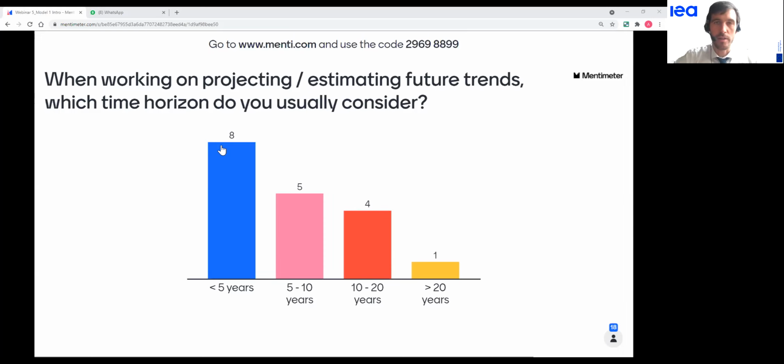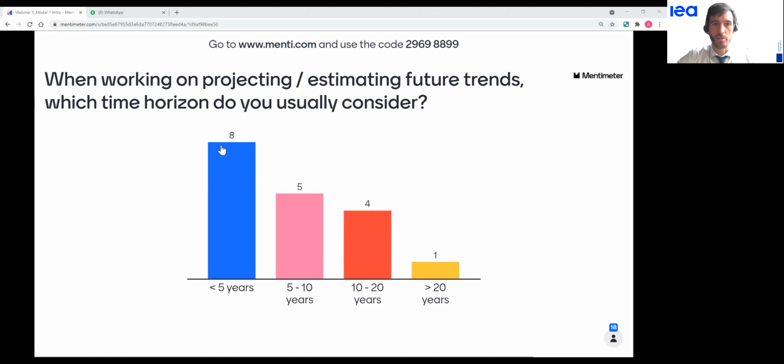Actually, it depends on the type of exercise you are doing. As you know, some energy infrastructure takes a lot of time to develop because it goes from the design, the financing, the building. Something like a large hydro dam can last a really long time.